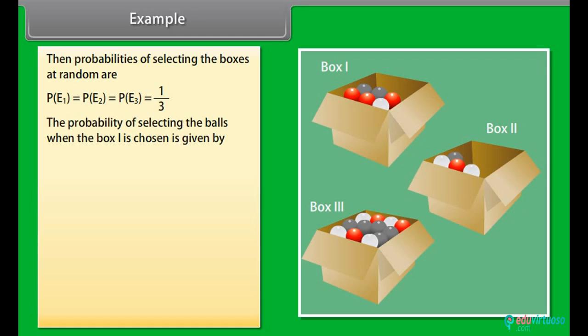The probability of selecting the balls when box 1 is chosen is given by 1C1 into 3C1 by 6C2 is equal to 1 into 3 by 15 is equal to 1 by 5.